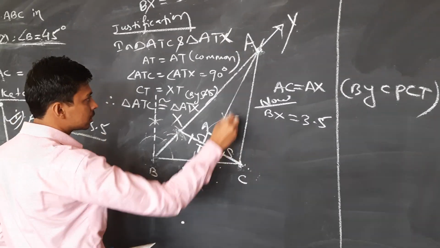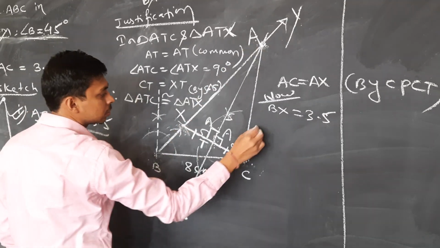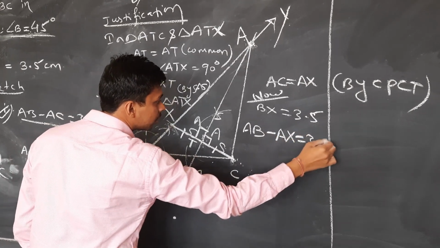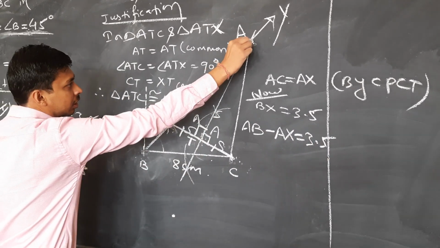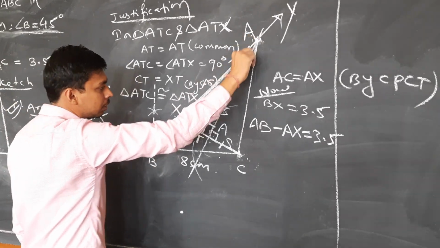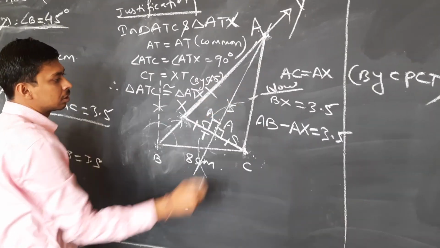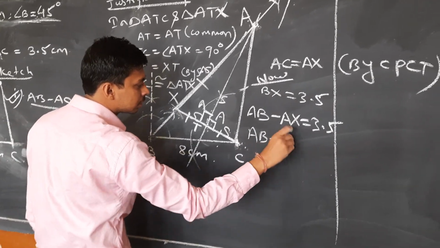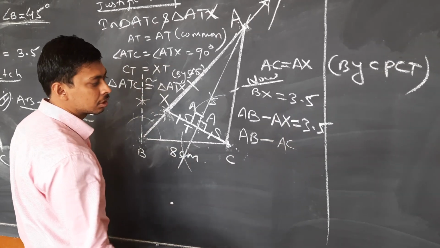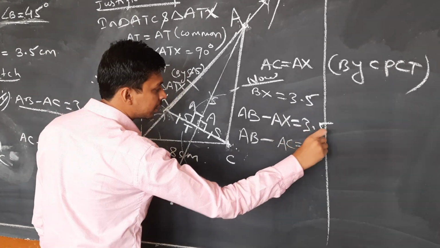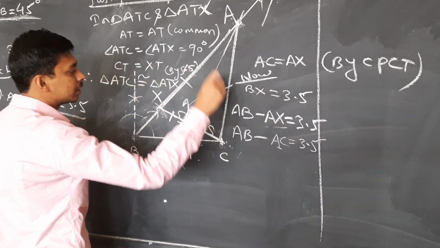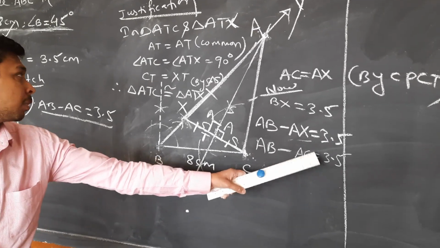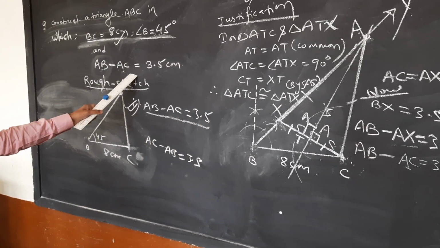So I will be writing AB minus AX. This is 3.5. Now see, AX is equal to AC by CPCT. So you will be writing AB minus AC is 3.5. Why? AX is equal to AC. So see, here AB minus AC is equal to 3.5. Here also AB minus AC is 3.5.